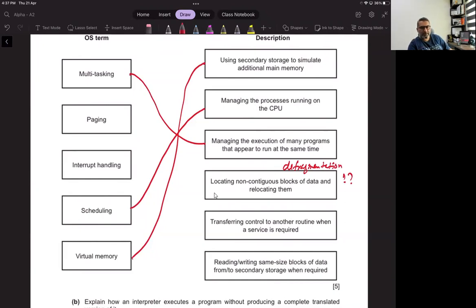Transferring control to another routine when service is required. So this is basically interrupt handling. Reading and writing same size blocks of data to and from secondary storage when required. So this is paging. So it means that defragmentation is not there.